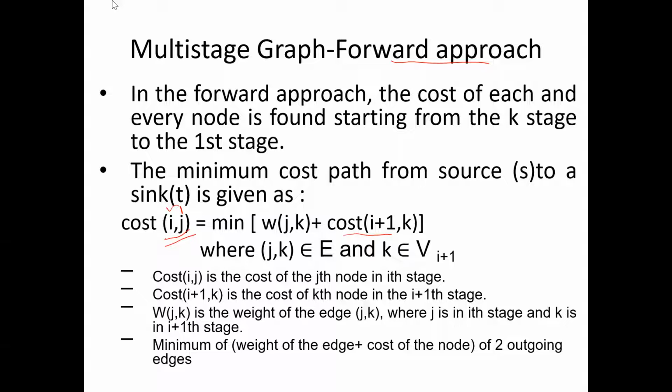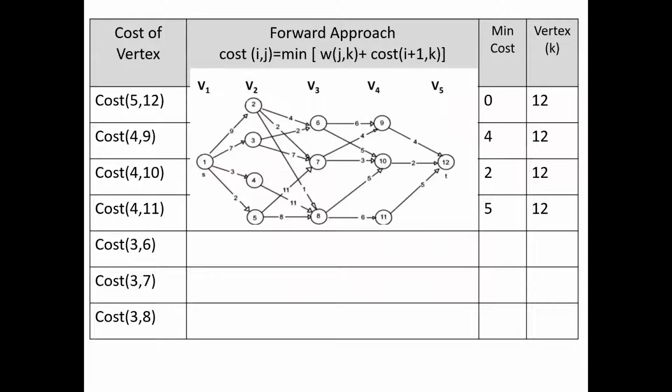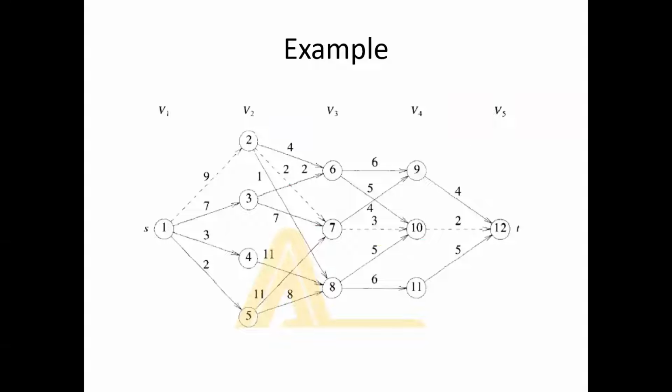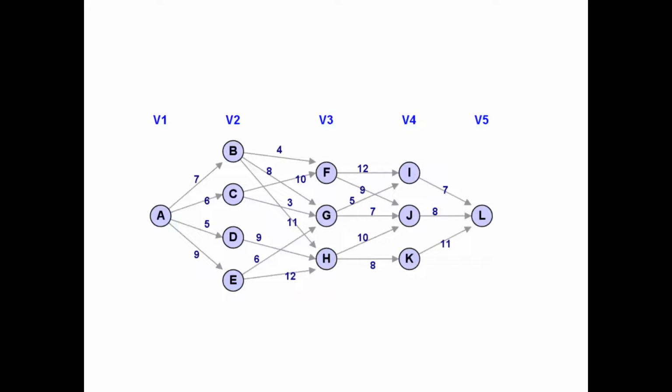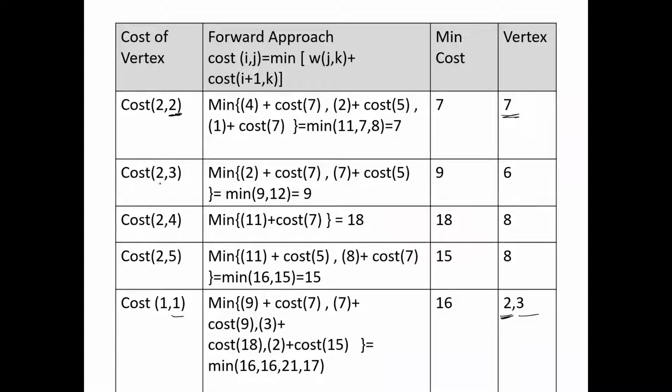Archana, what is that? 1 to 2 is 21, 1 to 3 is 16. Which is that? Can you tell me which is the 21? We calculated the cost using 1 to 2.